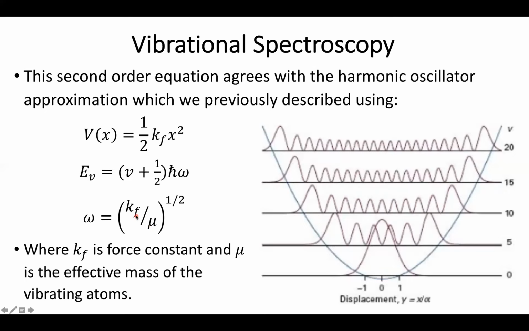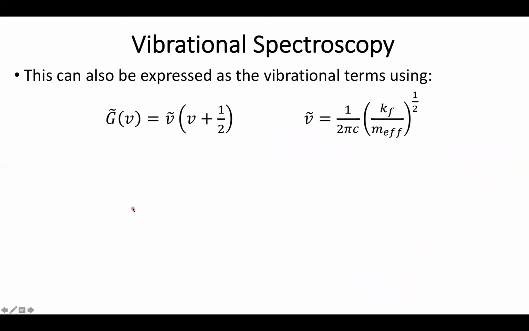Now, being us, we're going to be trying to express this not in terms of energies in joules, but again, in terms of wave numbers. And so this is given as the vibrational term. And again, what we did is we collapsed all of our constants down to a vibrational constant, which is going to be based on the square root of the ratio of the stiffness of the bond over the effective mass.